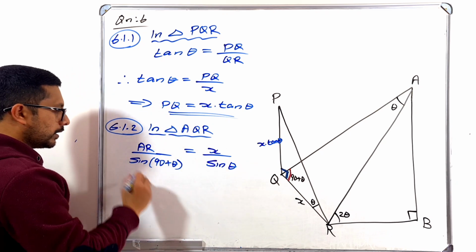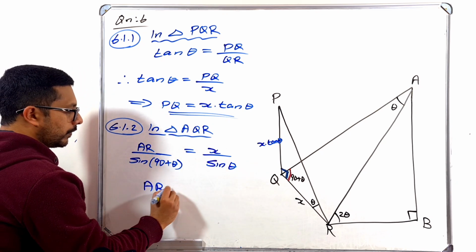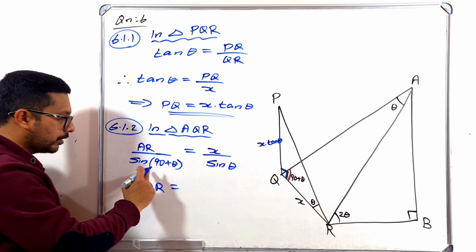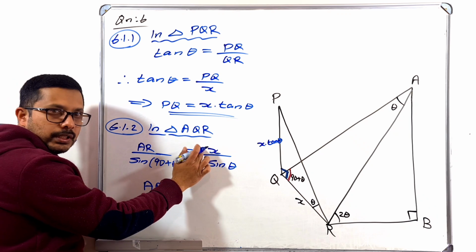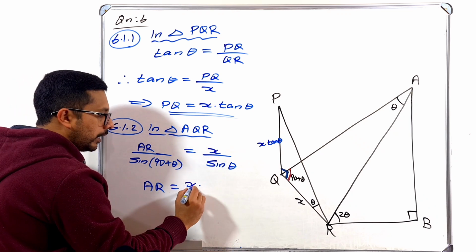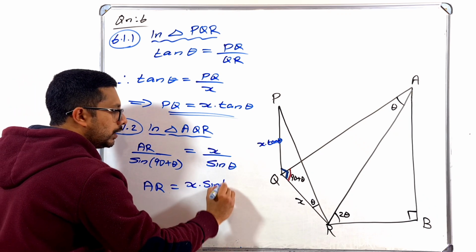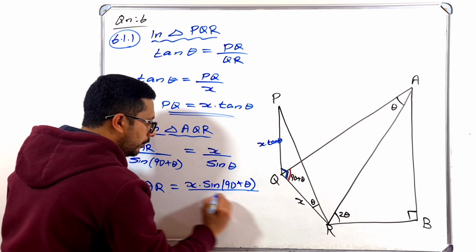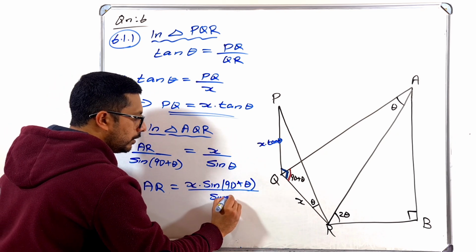So from here, what is AR? This is division, so on the other side it is multiplication. So it is x times sine of 90 plus theta divided by sine theta.